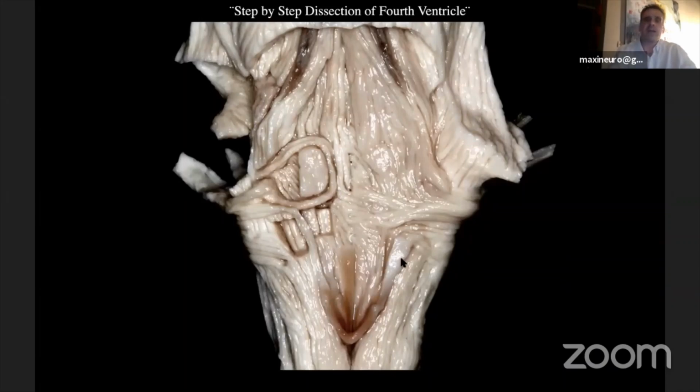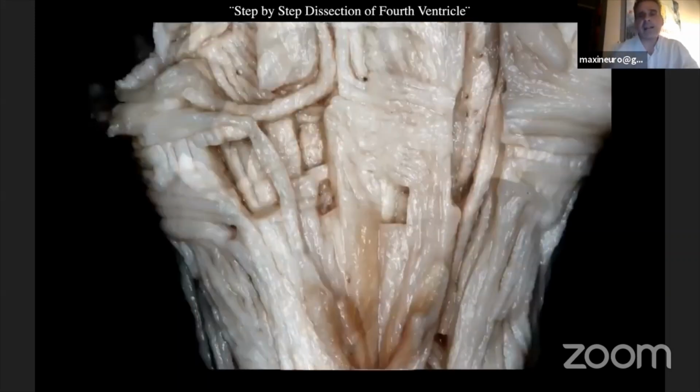Just to understand the disposition of this area, I dissect a little more gently and I dissect some nuclei here in the floor of the fourth ventricle. The fourth ventricle is, like I said before, a critical area, and over the hypoglossal and vagal nuclei, we find some groups of critical areas like the perihypoglossal nuclei, the nucleus of Roller and the nucleus prepositus.